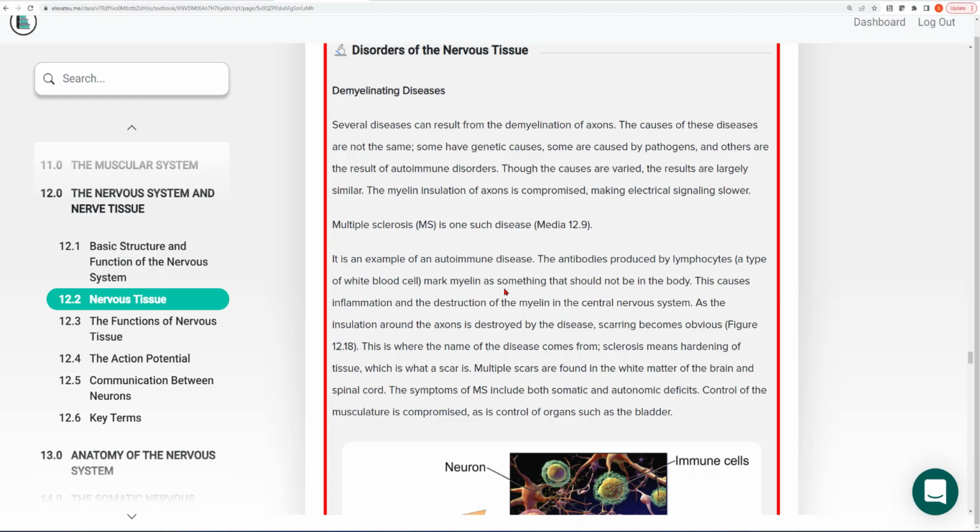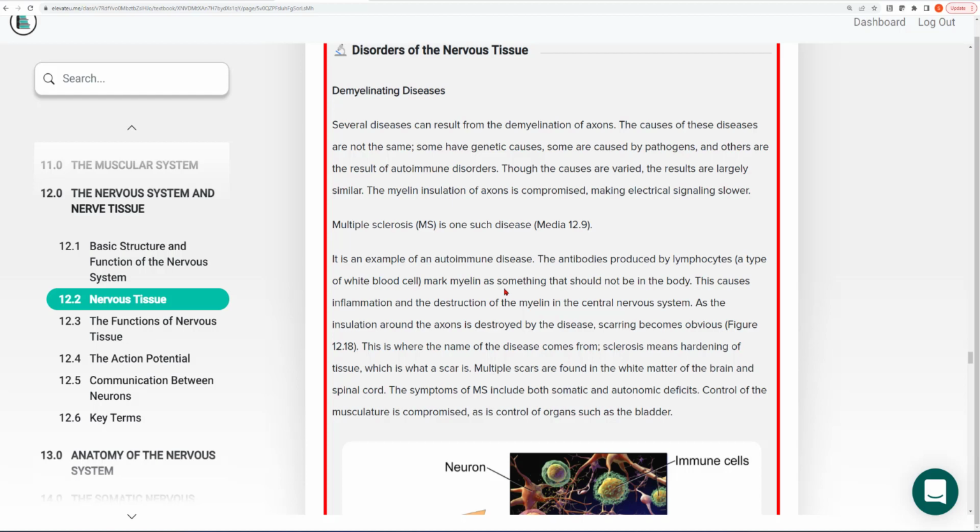So as the disease progresses, they start having issues with motor movement, right? Their movement becomes a little bit less smooth, a little bit jerky. At some point, most people with MS find themselves using a walker, and then maybe even as the disease progresses into a wheelchair. They start having issues with swallowing. They start having issues with vision.